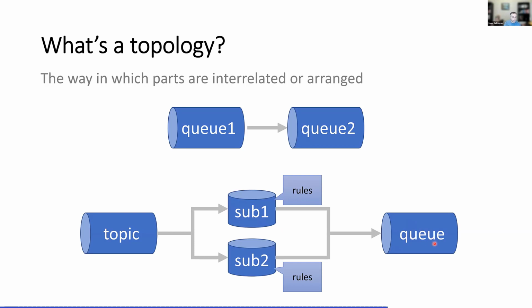So there are several benefits to creating a topology such as this. For example, rather than creating 3 different connections to my namespace, now I need to have only one connection, right? Because I'm only listening to the messages on the queue.